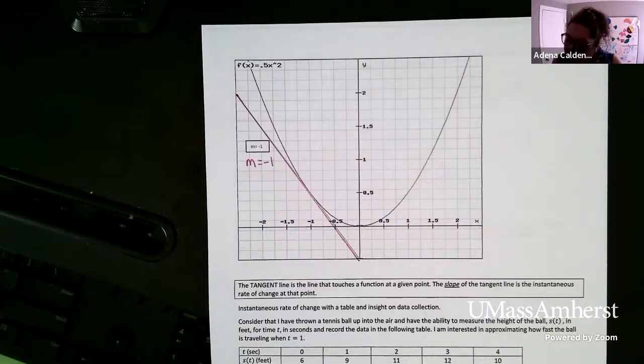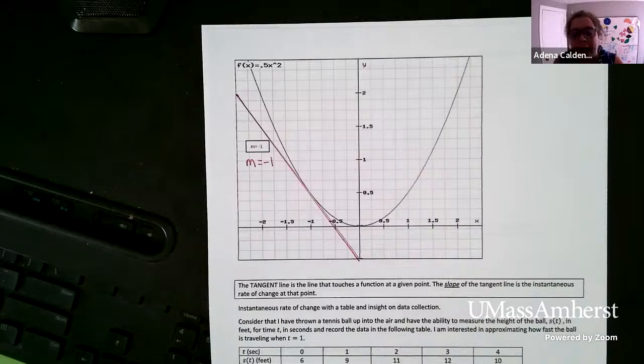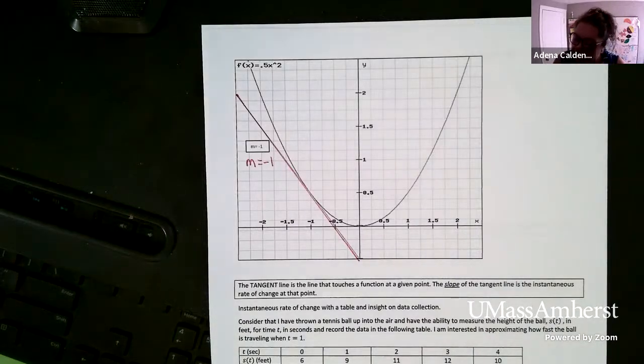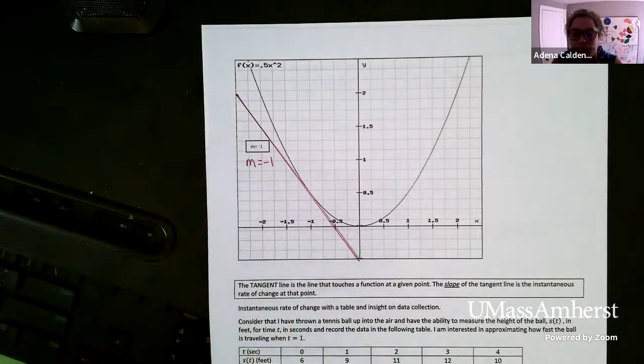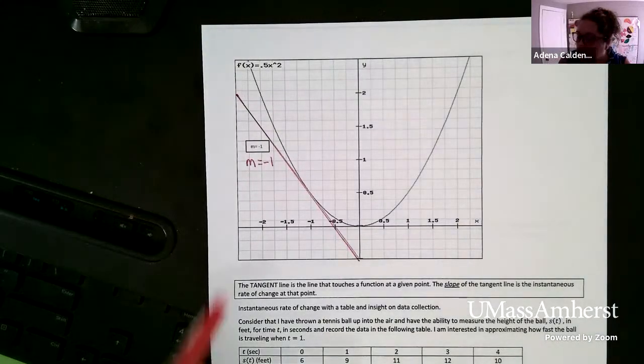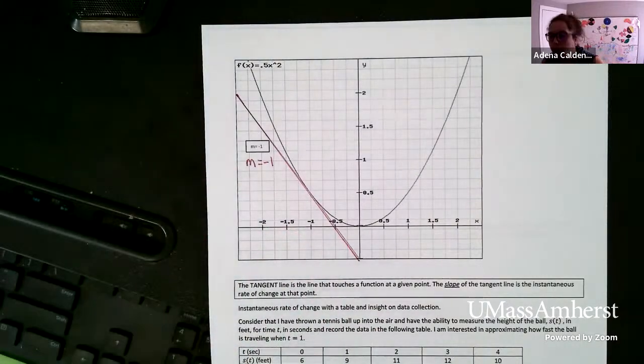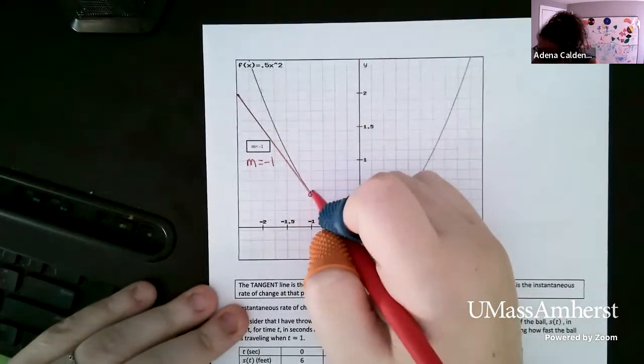So if you were to keep getting closer and closer to negative 1, eventually the left hand and the right hand average rates of change would become negative 1. And when they're both negative 1, the left and the right connect and make one line. So when that happens, you get the instantaneous rate of change.